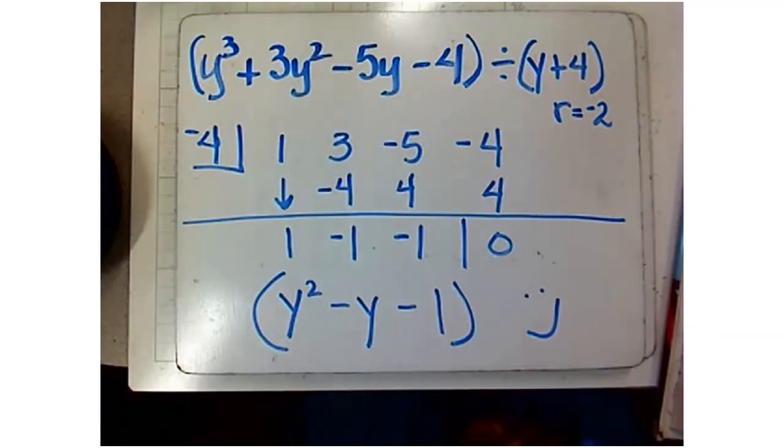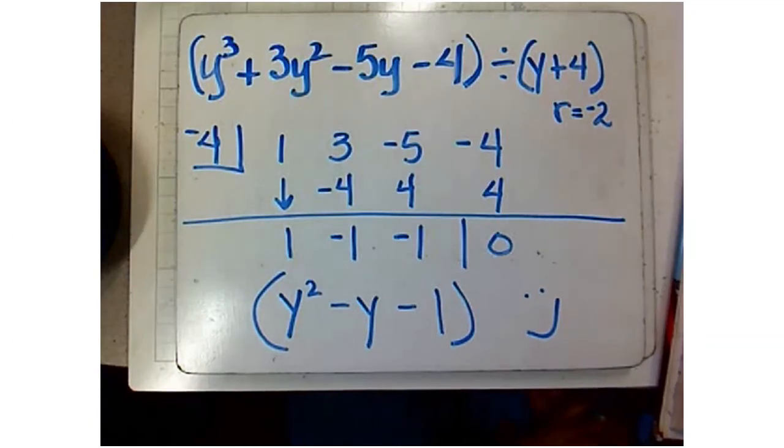Now multiply your R value, your -4 times your -1. Positive 4. Put your positive 4 underneath the next column, -4. And what is -4 and 4? You always add that row to the row. 0. So that means remainder 0.